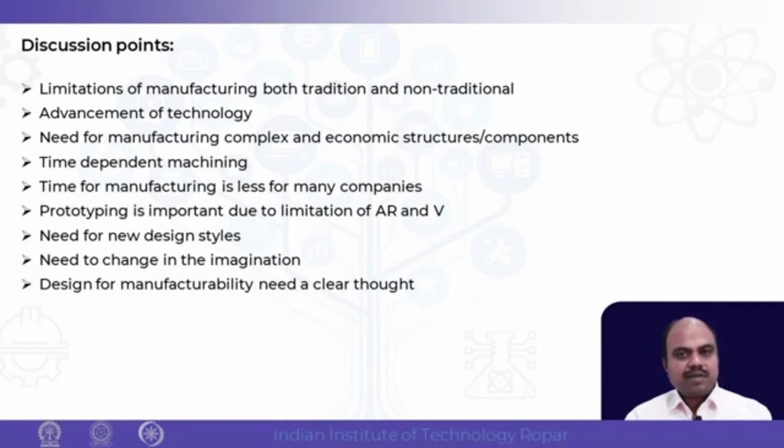So we need to change the way we are thinking. Design for manufacturability needs a clear thought, a paradigm shift in the way we design a product which is traditionally manufactured in traditional manufacturing processes. Now we are going for design within the additive manufacturing process.